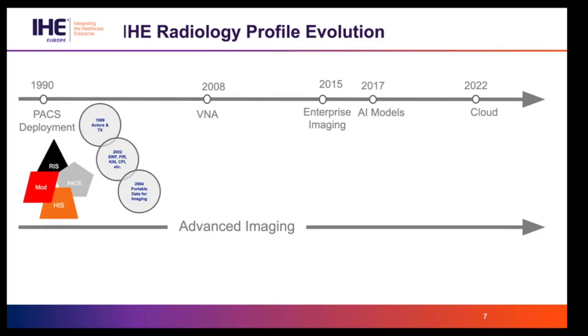As most of you are probably aware, but for a few folks who may be newcomers to this, IHE Radiology was actually the first domain in IHE, and it was spearheaded significantly by the fact that in 1990 we had PACS deployment, which fairly quickly led to the understanding that there is a need for interoperability of all different systems like RIS, PACS, HIS, and modalities in the radiology domain.